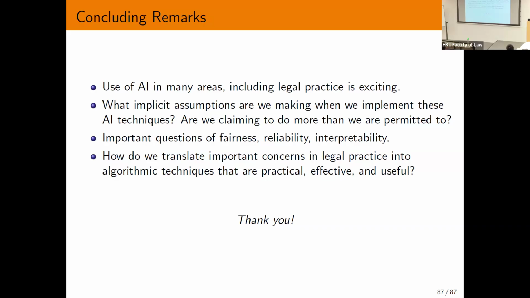I tried to raise some questions about fairness, how it's been tackled or not being tackled, reliability, and interpretability, and the extent to which we were able to do some of these things. I guess the more important thing is perhaps starting conversations. All of you have concerns in your head, and you are experts in your domains.